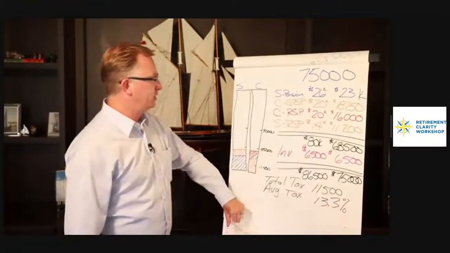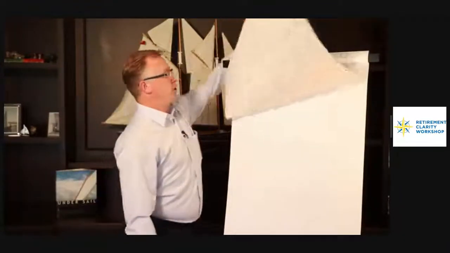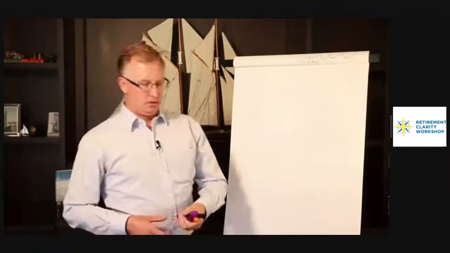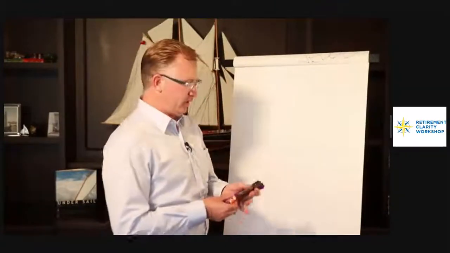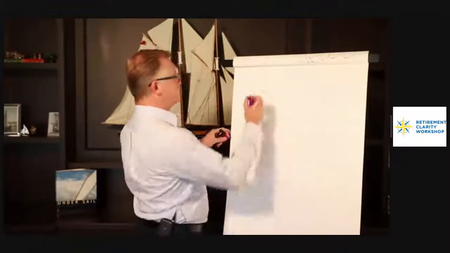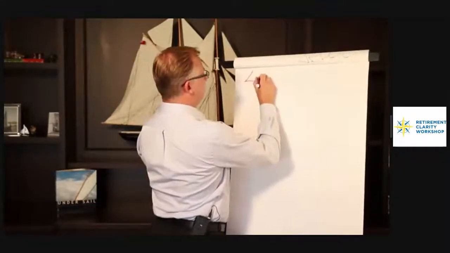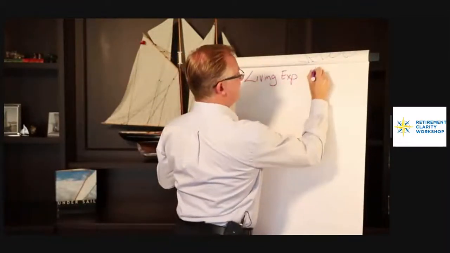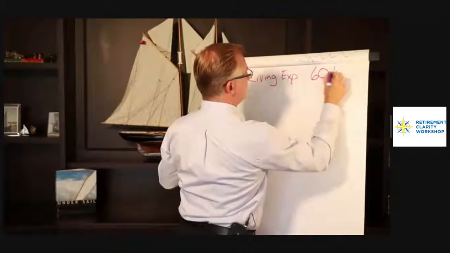So let's suggest that Sheila and Carlos here took the time to figure it out, and they said, okay, we need that base income. The living expenses, we'll call that in purple, living expenses was $60,000.